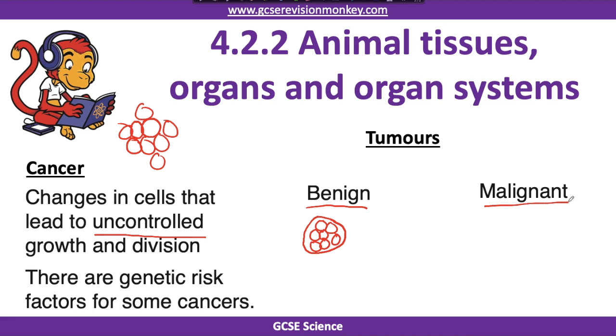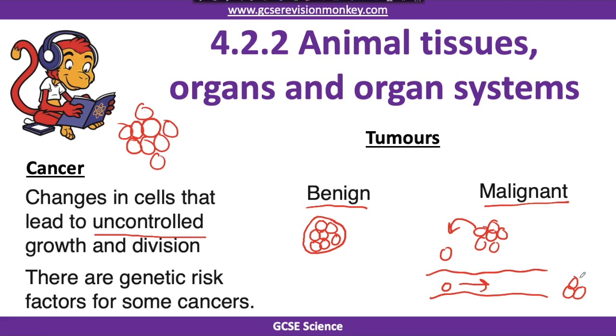Malignant tumours, however, in malignant tumours, the cells that are dividing uncontrollably can actually break away and enter into the bloodstream and travel to another place in the body where they will make a secondary tumour. Okay, so malignant tumours, the cells can break off, travel through the bloodstream and invade other healthy tissues.